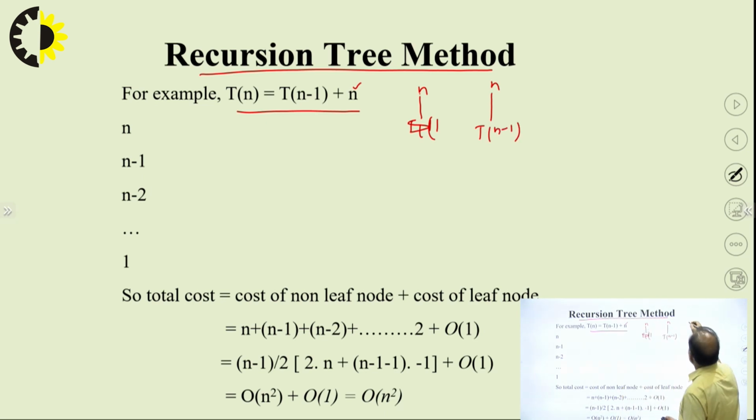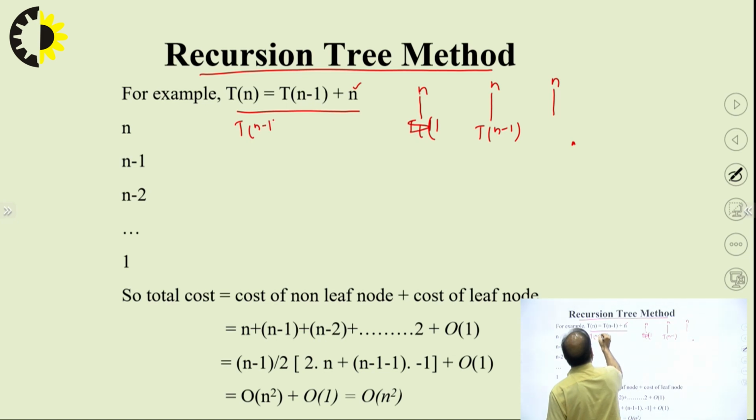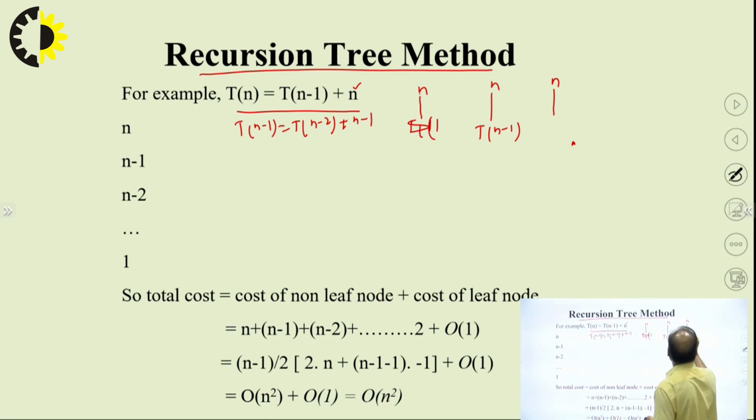Again we start breaking. n is here, and T(n-1) will be T(n-2) + (n-1). So we can expand this again to get n-1 as a child node.